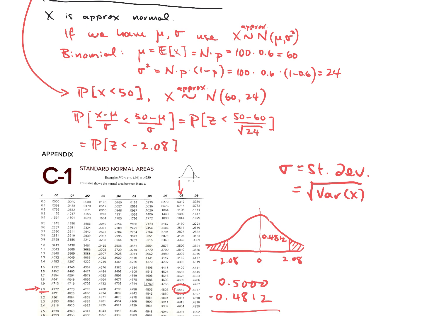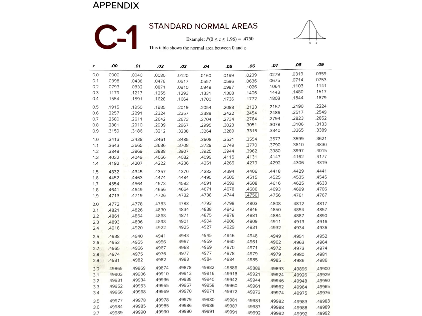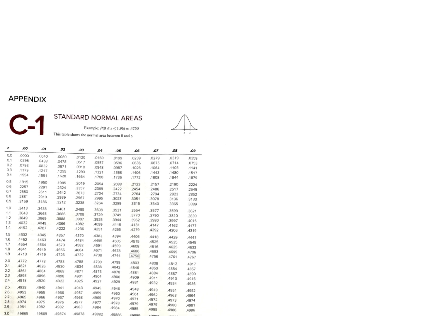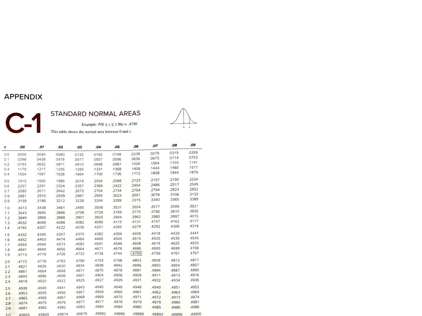Okay, let me do another example along the same lines. Let me pull up the normal table. All right, so we will use this normal table, but a different polling question.